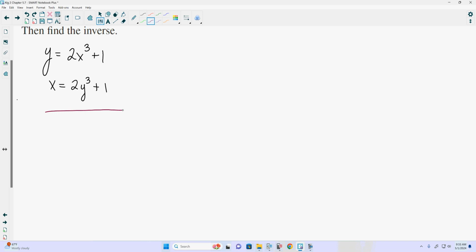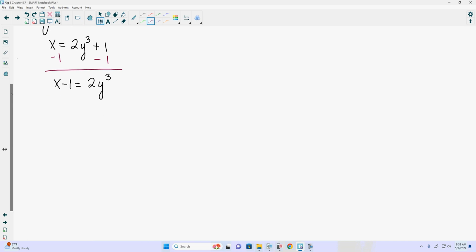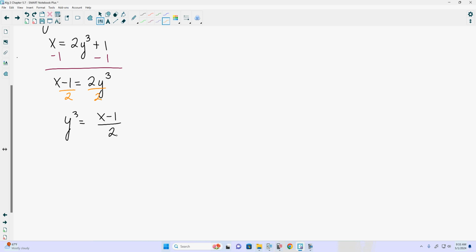So we would subtract 1 from both sides. x minus 1 is equal to 2y cubed. Then y cubed is equal to x minus 1 over 2.